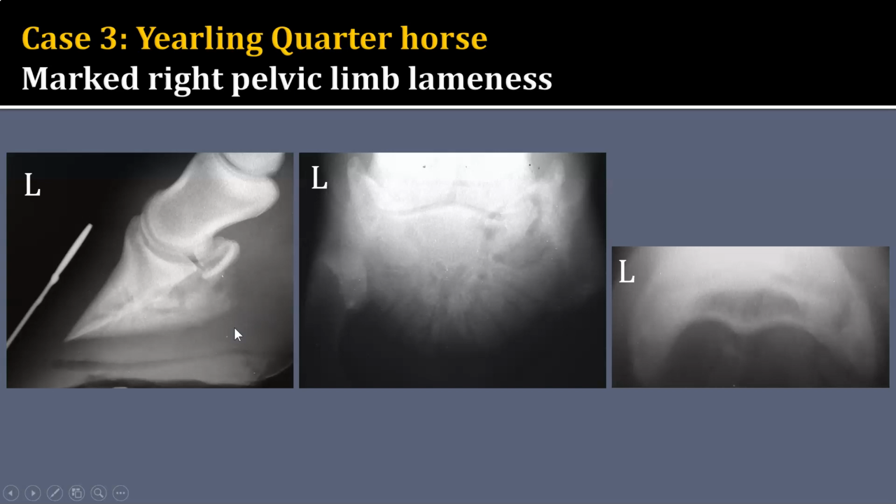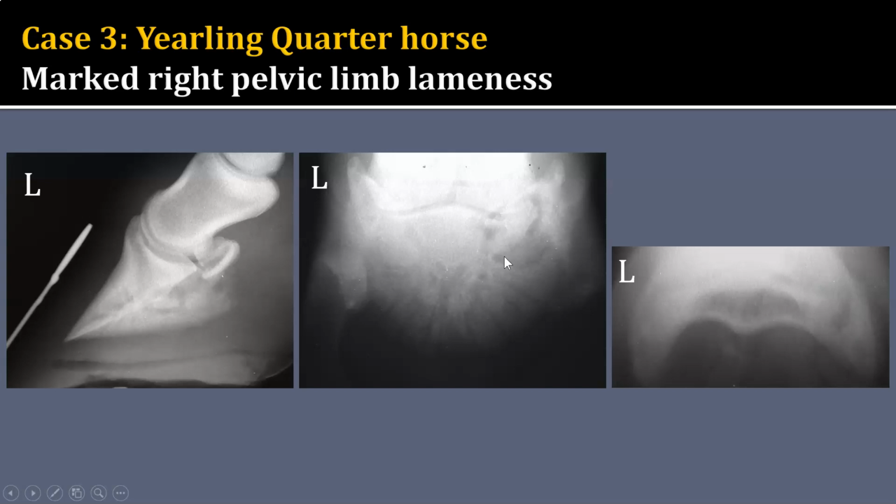If I go back to the lateral view and look closely, I can actually see it in this lateral view too. So there's this geographic area of lucency, and then within the center is this very opaque piece of bone. On the skyline view, the navicular bone is normal, but I can actually see that area of lucency in the medial plantar, excuse me.